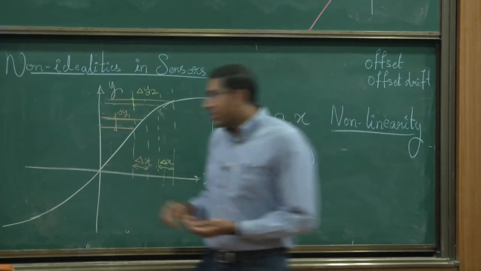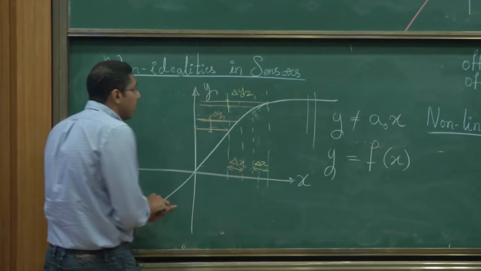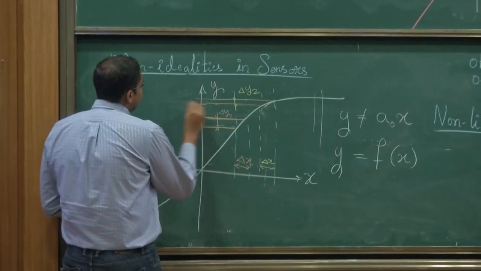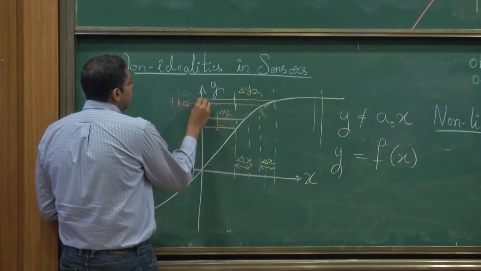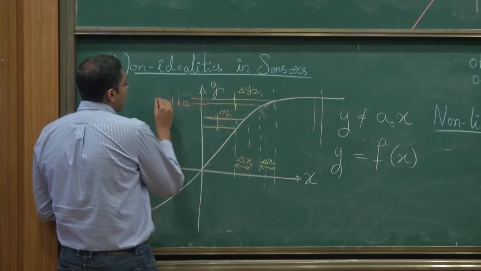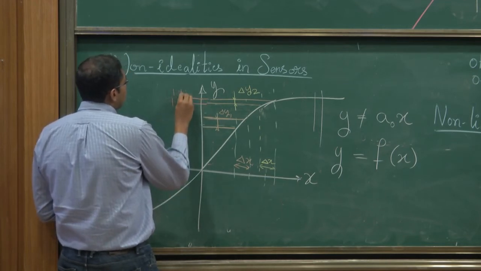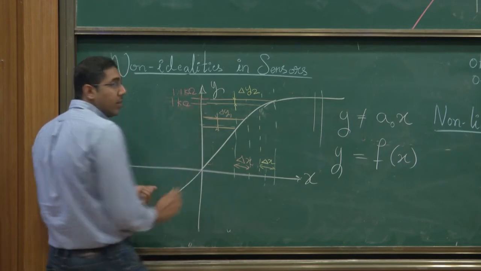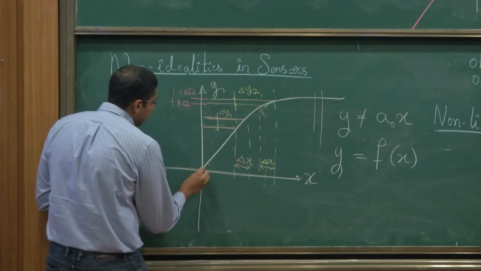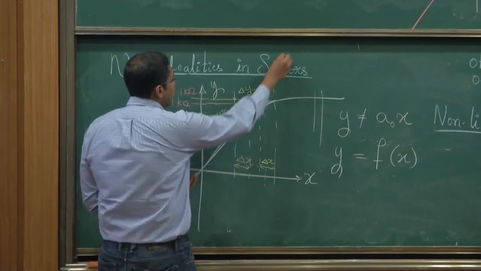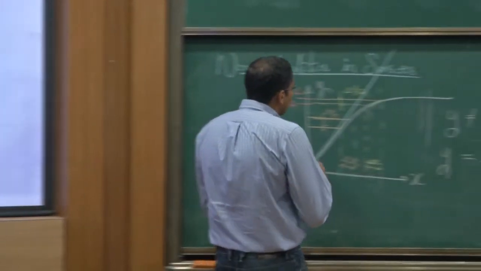It's a reverse problem, and therefore, let's say here it was 1 kilo ohm, and it changes to 1.1 kilo ohm. Now, if this was a perfect sensor, you would have assumed that this is the straight line, correct? Now, what will you say?